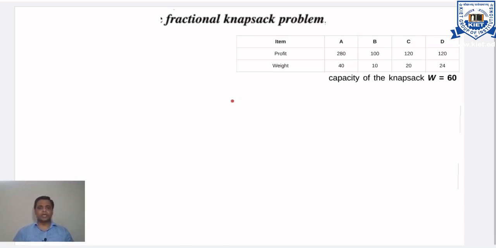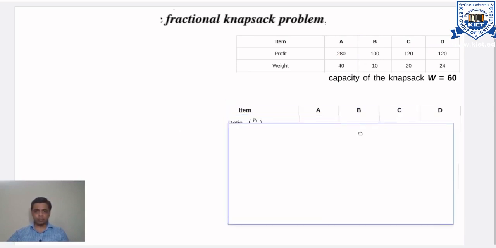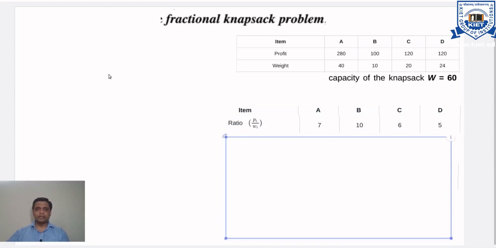Now how could you do that? For that, compute the unit price of each and every item. How? Simply divide the price by the weight. So 280 divided by 40 would give you the unit price of item A, which would be 7.